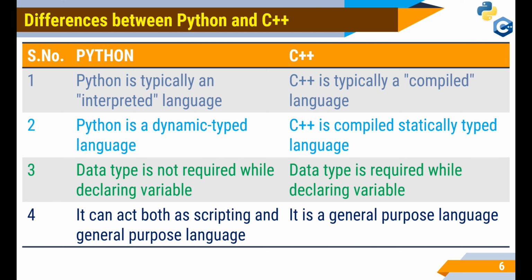Data type is not required while declaring a variable in Python, but data type is required in C++. Python can act as both a scripting and general purpose language, but C++ is a general purpose language. This is a very important question.